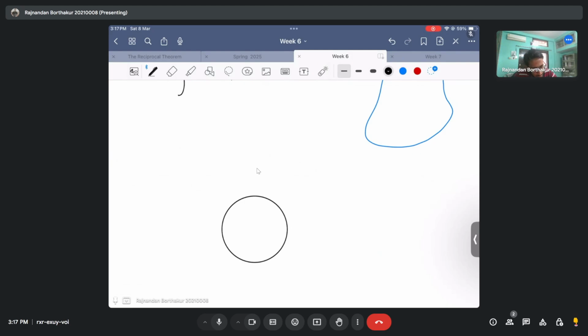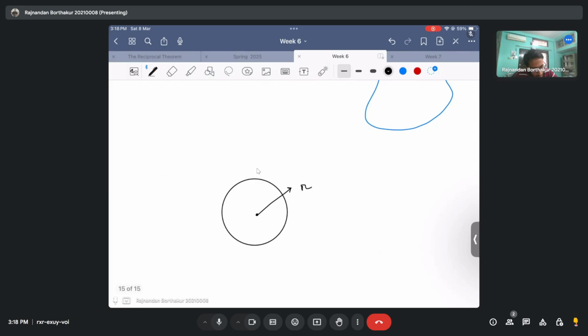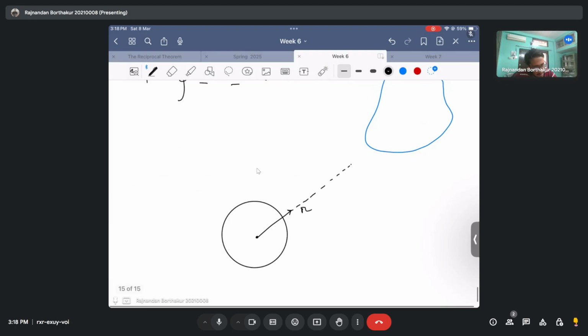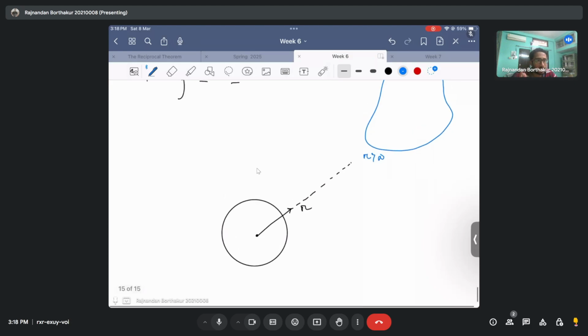And this is my r, the radial cylindrical direction. Now what I'm saying is that if I consider a radius which is very far away from the cylinder, let's say r tends to infinity, I define a closed curve along which I'm trying to evaluate my circulation.